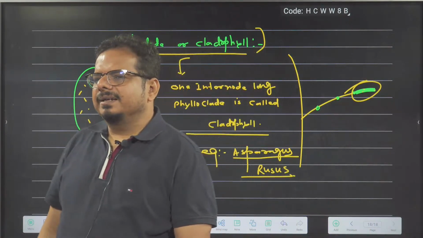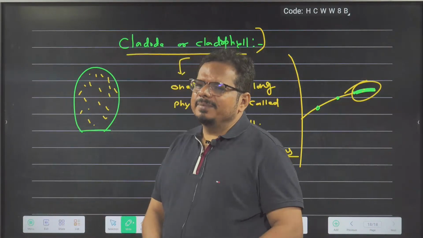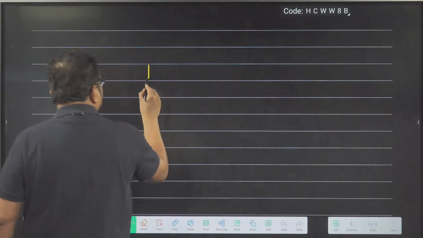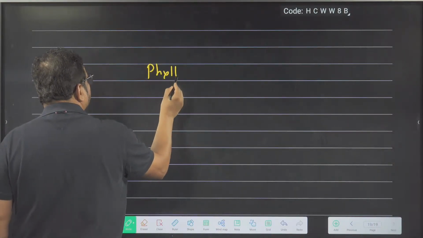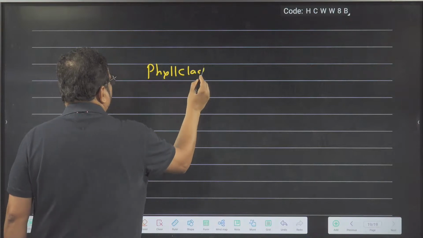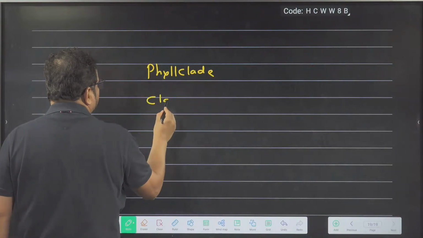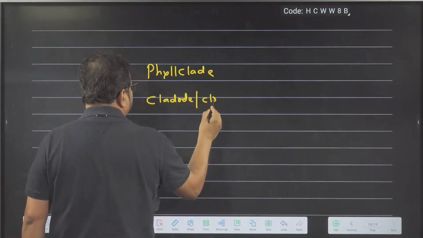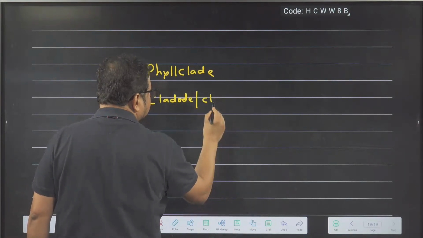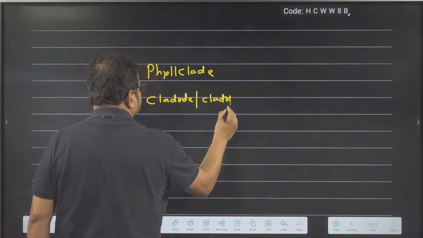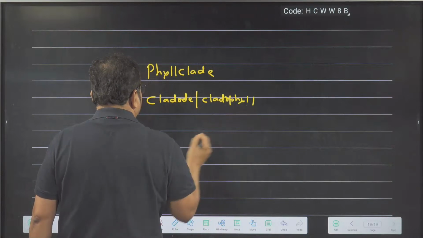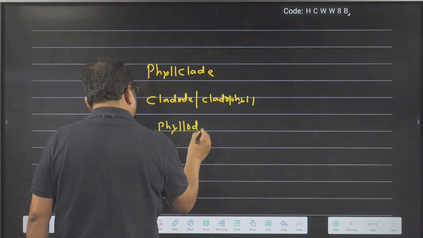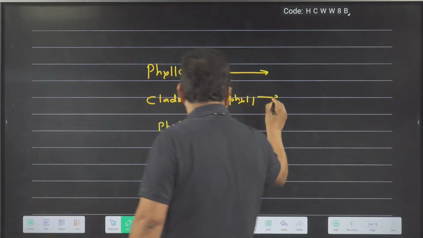You got the idea? Now I am asking, can you tell me the difference between these three terminologies? Phylloclade, cladode or cladophyll, and phyllodes. Can you differentiate these three terms?